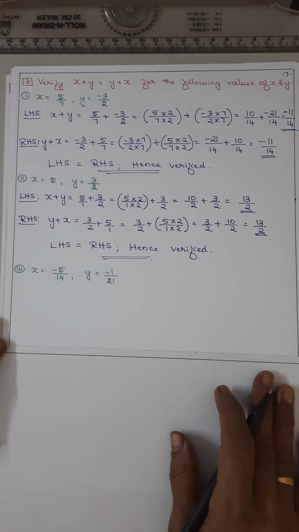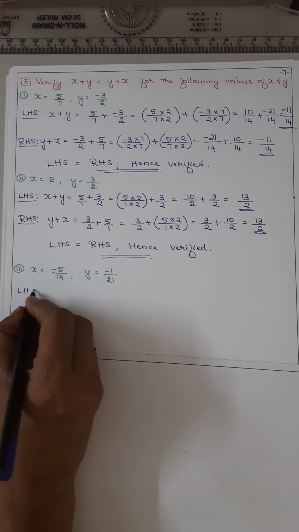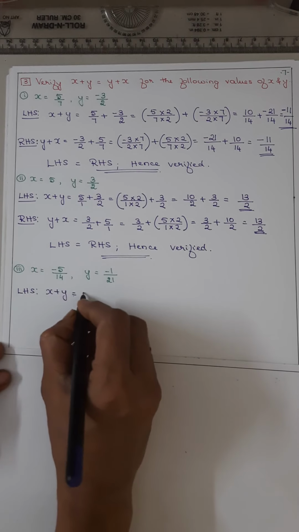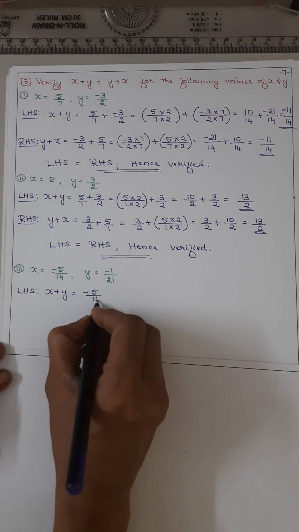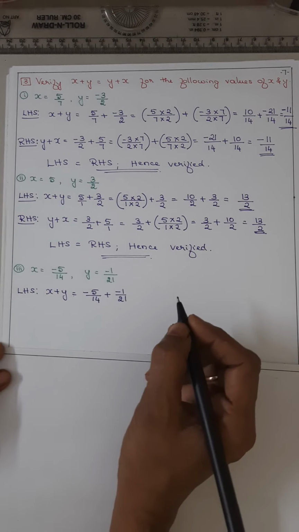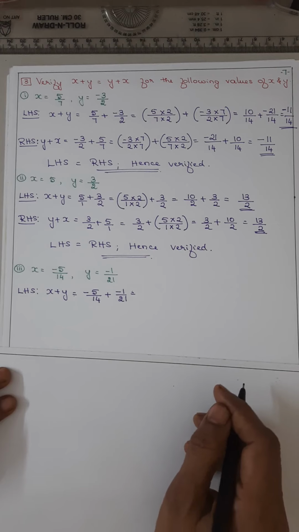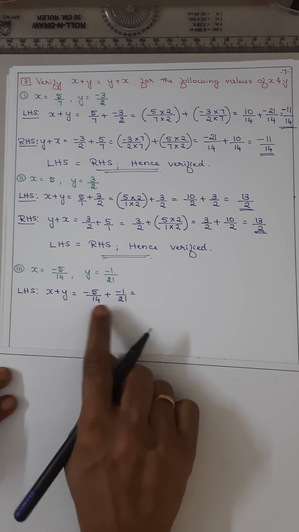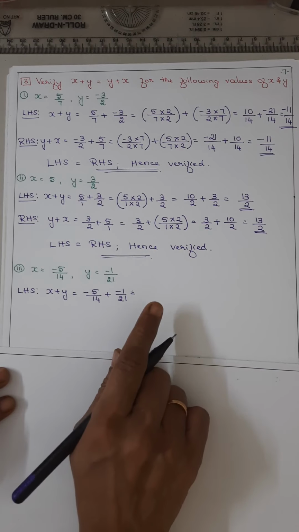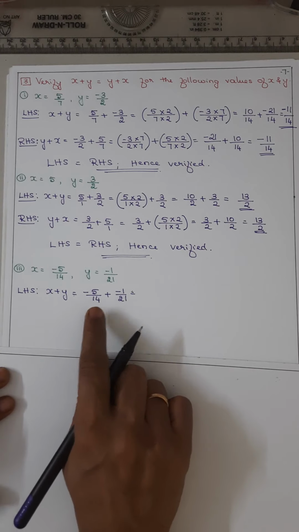Now coming to the third subdivision, again the same method, LHS, x plus y is equal to minus 5 by 14 plus minus 1 by 21. Now the LCM, 21 बड़ा नंबर है, 21 1s are 21, 21 2s are 42. So 14 का टेबल में 42 है.